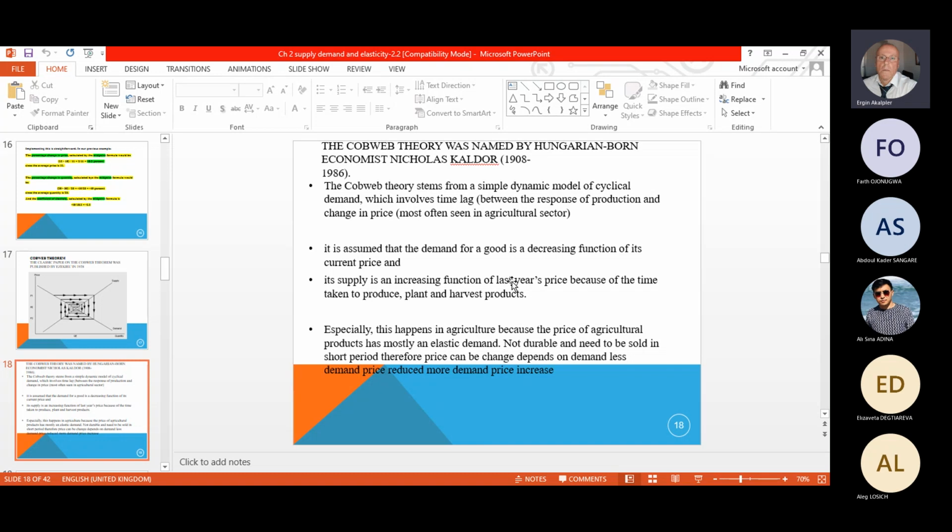In the other period, if it is too much, then they reduce the planting, because abundant product in the market will decrease the prices, and mostly the farmers and producers don't like lower prices. This is why the supply is a function of the last year's or former year's prices.